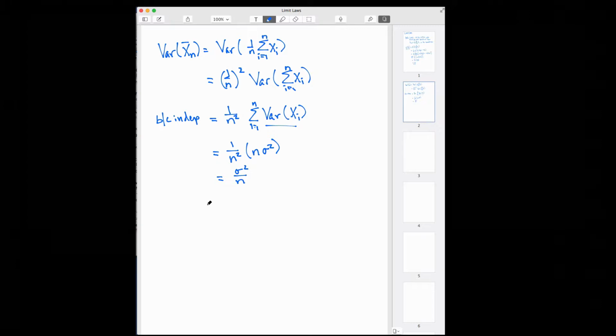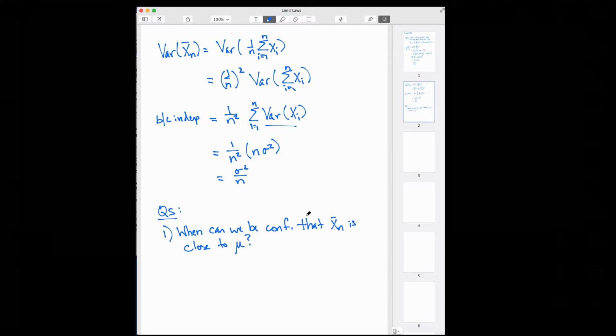While the expectation and variance are very good to know, they don't tell us everything about the behavior of the sample mean that we might be interested in. So there are still some outstanding questions, such as one: when can we be confident that the sample mean is close to mu?